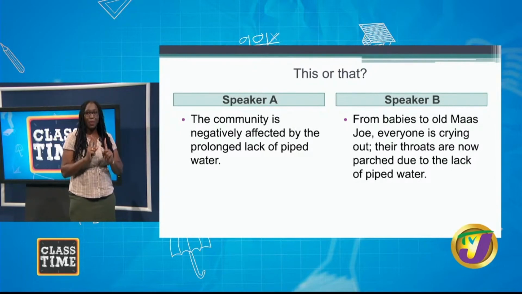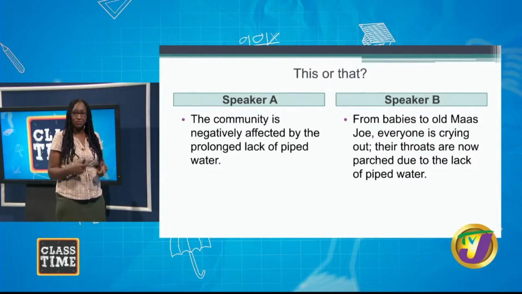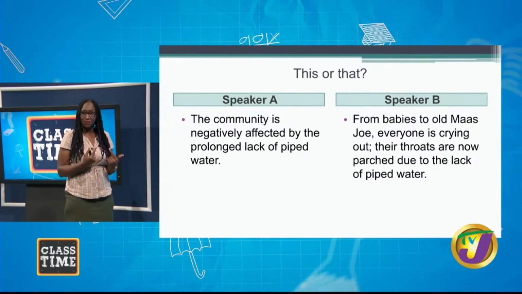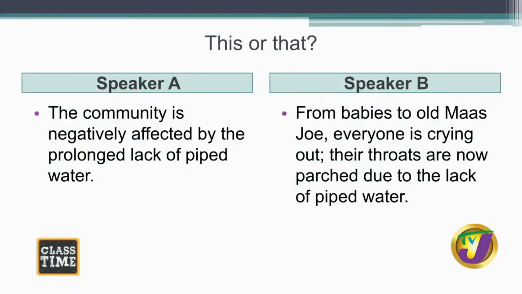So again, the same point is being made in both statements. Same point. However, Speaker A has chosen the more direct route, while Speaker B has chosen a more creative route. And in doing so, is perhaps going to be received a little better. Because thinking about these two statements, which one would more likely convince you that this community is suffering?